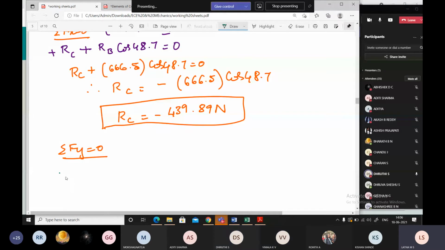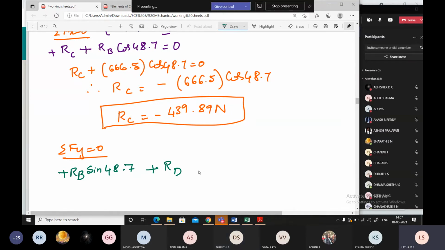You should tell me always with plus or minus. Plus, ma'am. So I should write RB sine 48.7 plus RD equal to 0.